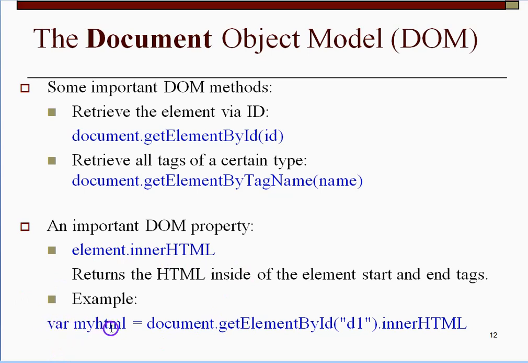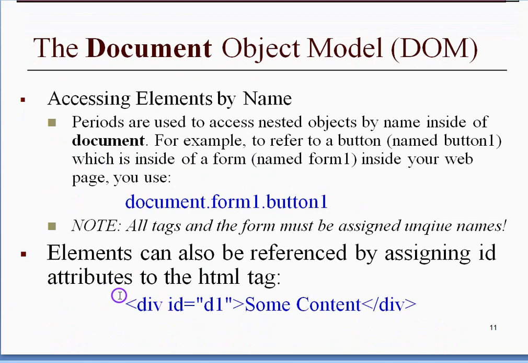The way you use it is as follows. Here we have a variable myHTML declared, and its value is going to be the innerHTML of the element that is identified by the value D1 inside the document. So this goes with the previous example that we used over here. We have a div element that opens here and closes there. Its ID is D1.